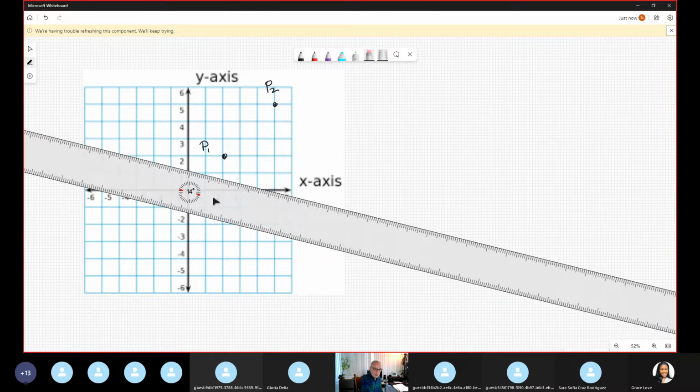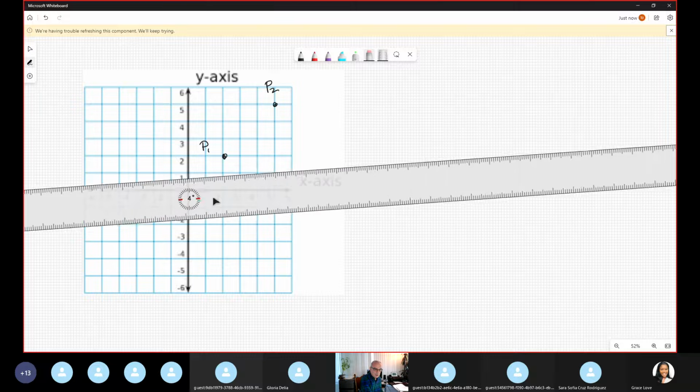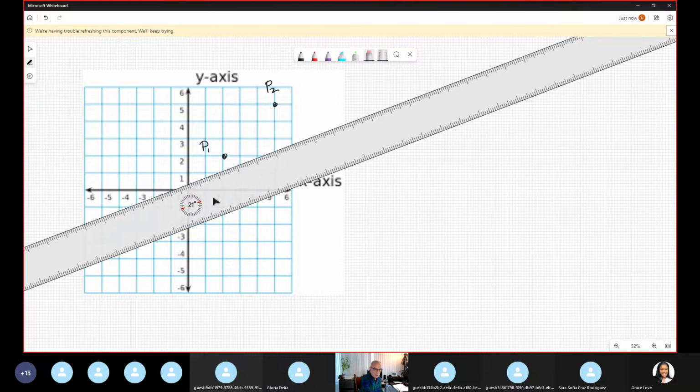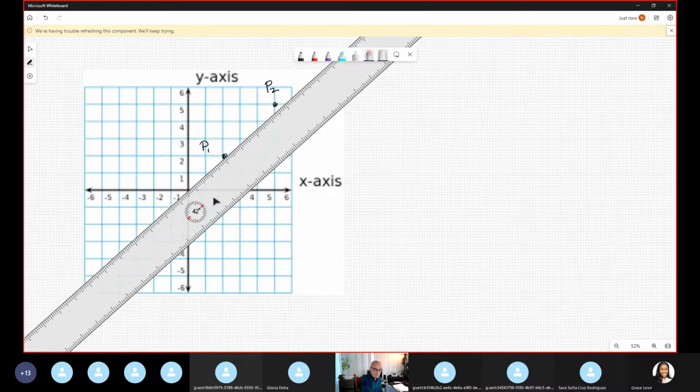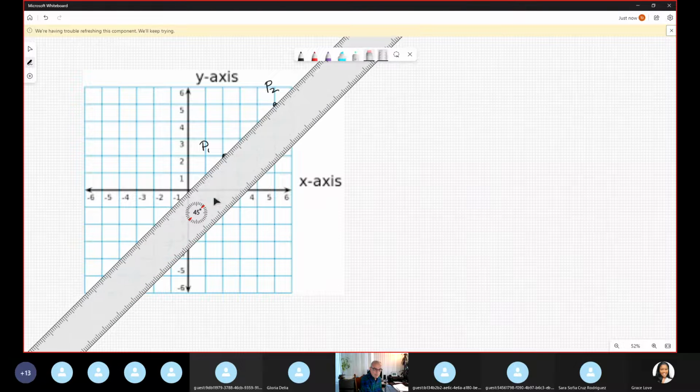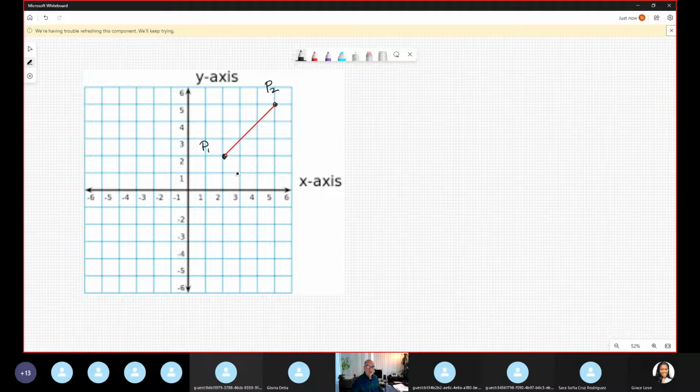It's 45 degrees because the components are the same, 2, 2 and 5, 5. Now we connect these points by the line segment. My goal is to determine the formula that we are using for this.